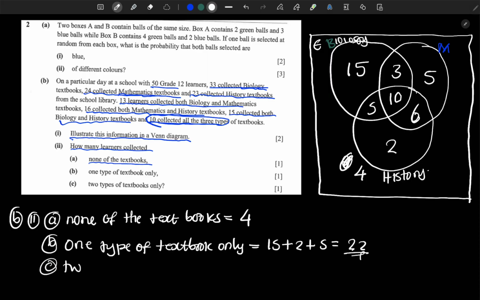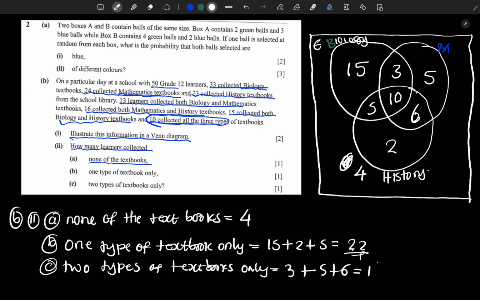Then C, two types of textbooks only. We have 3, 6 and 5. So 3 plus 5 plus 6, this is adding up to 14. So this is our final answer. As you can see, this is simple. So that's it for this video. Thanks for watching.